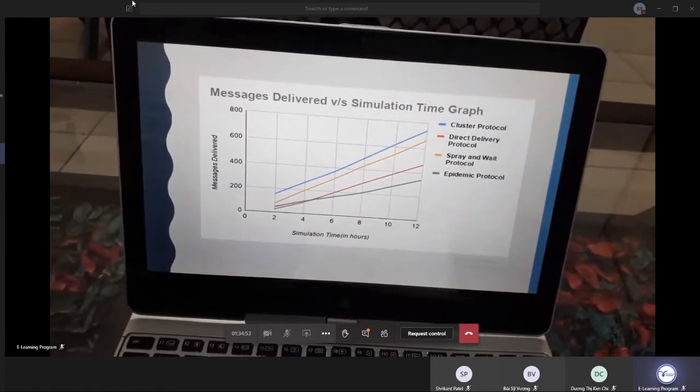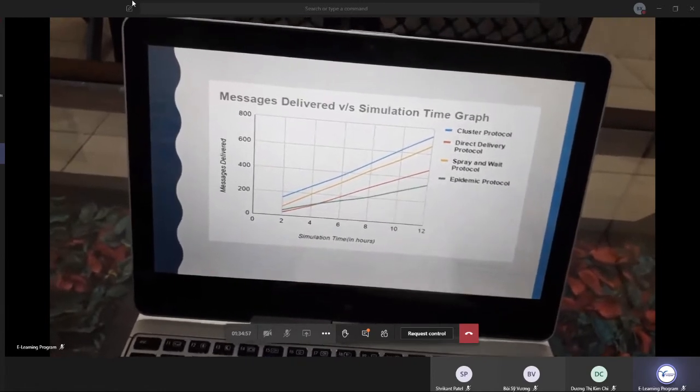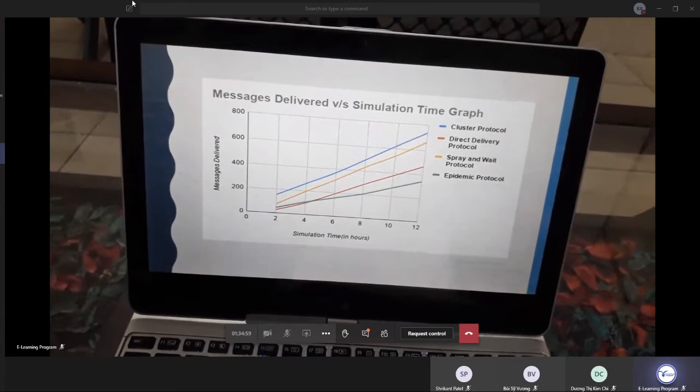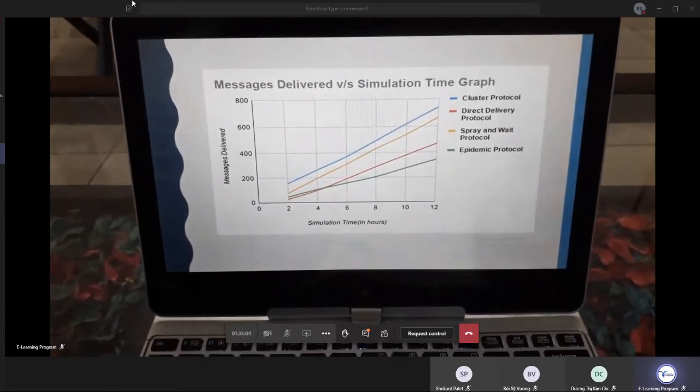But compared to epidemic protocol, direct delivery protocol performs better in terms of messages delivered.